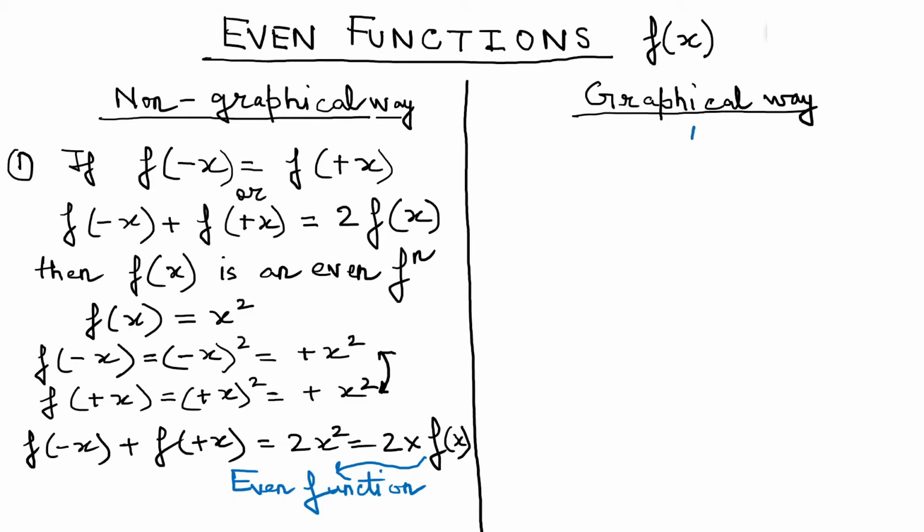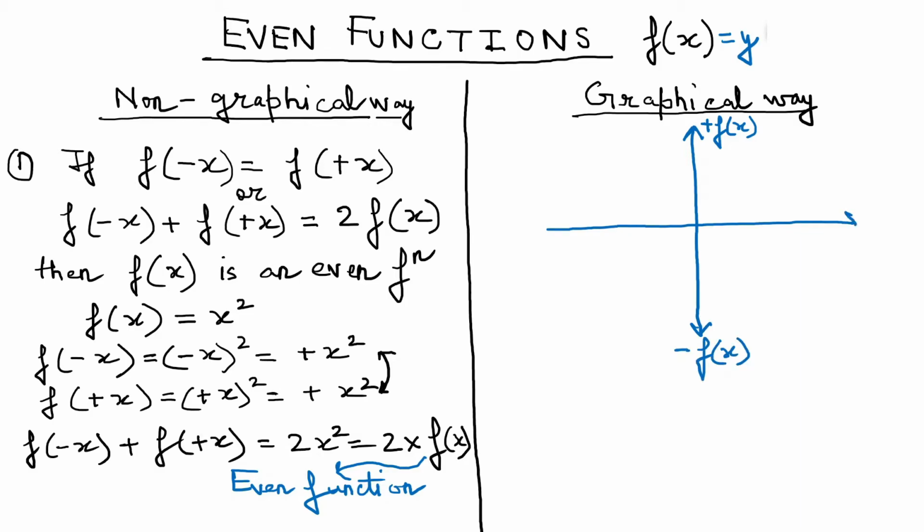Now let us talk about the graphical way, for which we need to represent the data which we have already talked about for the non-graphical way, on a graph. Now this will be plus of f of x. Plus of f of x is just like saying plus of y, and this becomes minus of f of x.